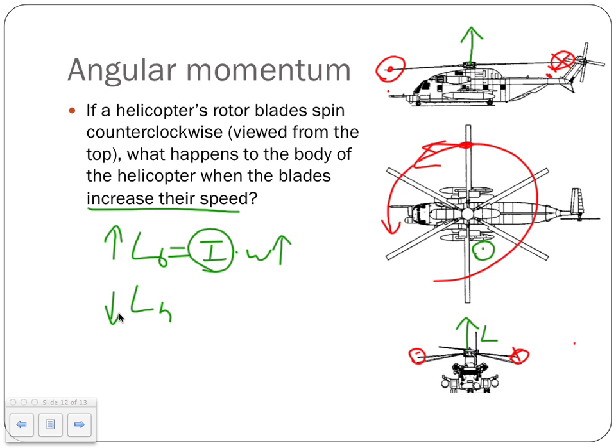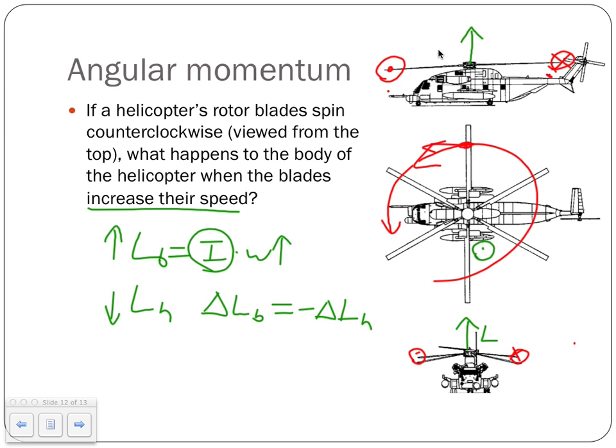And so whatever the change in angular momentum of the blades is would have to be equal to the negative change of the angular momentum of the helicopter body right here. Since we have an increase in angular momentum, our delta angular momentum for the helicopter blades, sorry, I'm going to change my color on that.